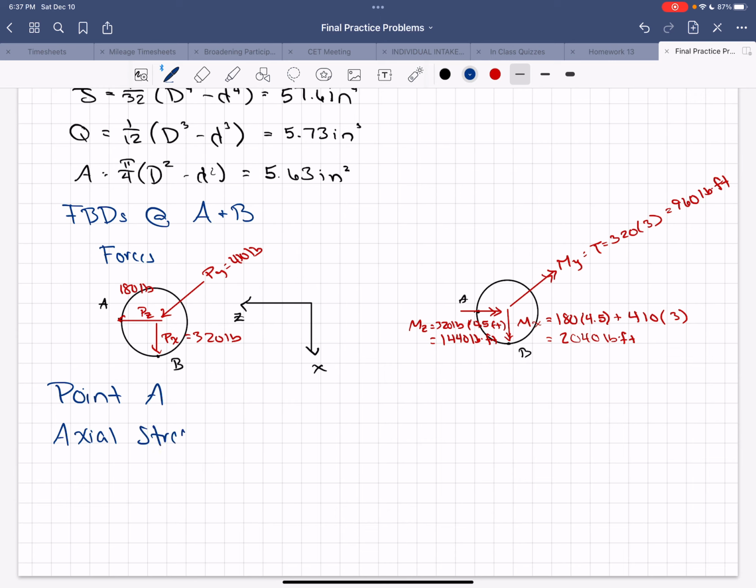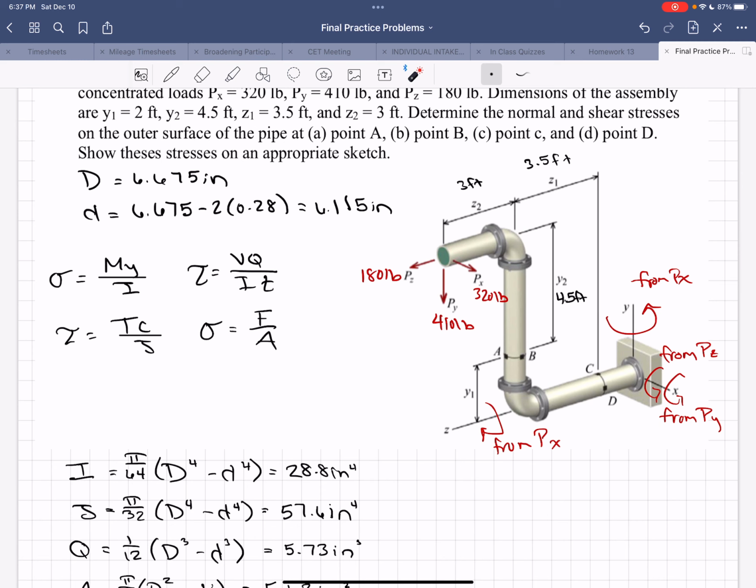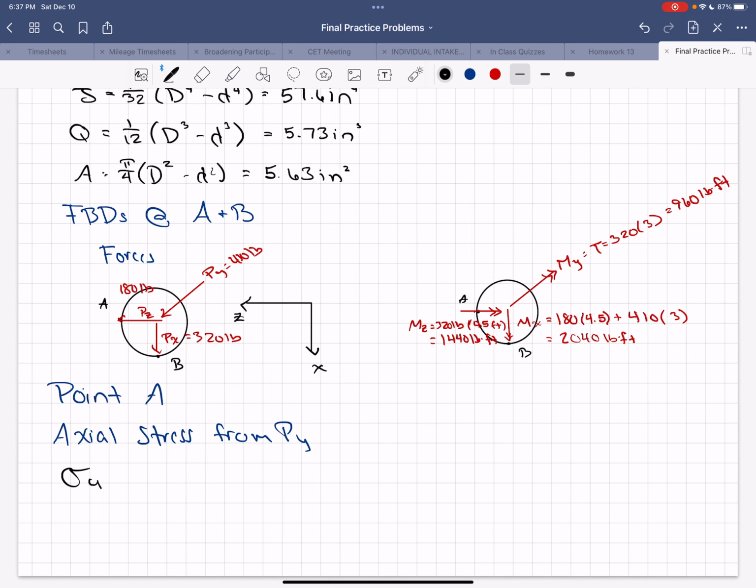So the axial stress from PY. That equation is going to act in the longitudinal axis, so it's going to act along Y. So this will be a sigma Y, a normal stress in the y direction, and it's just the PY force over the area, and we get 410 pounds over our area that we calculated, 5.63 inches squared, and we get 72.9 psi.